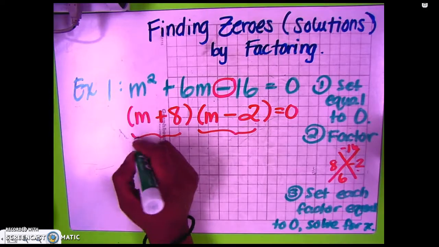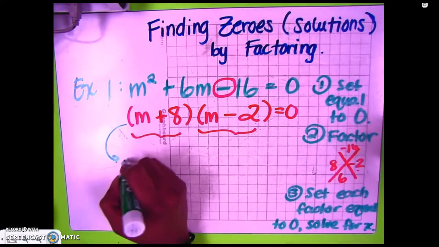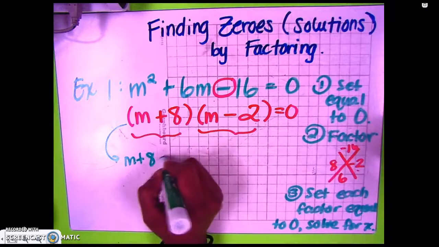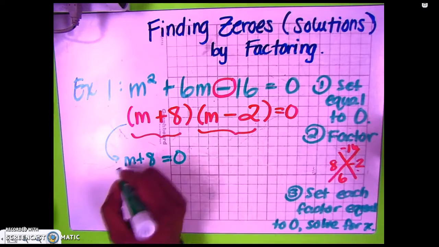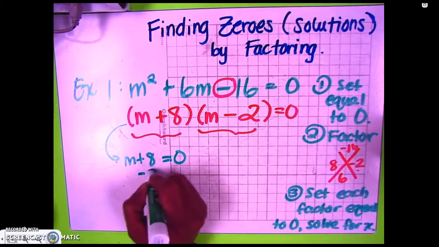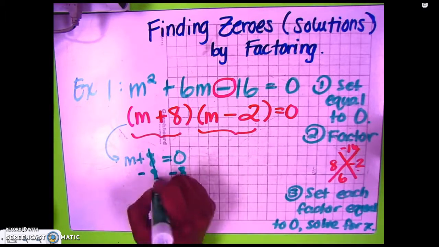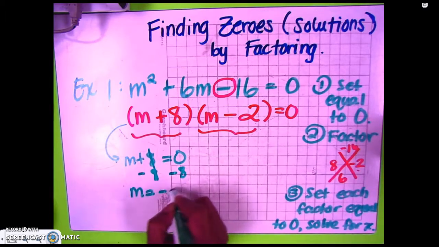I'm going to take m plus 8, set it equal to 0, and solve for m. To solve for m, I just need to subtract 8 from both sides, and m equals negative 8.